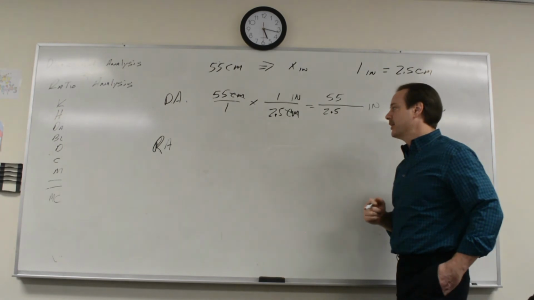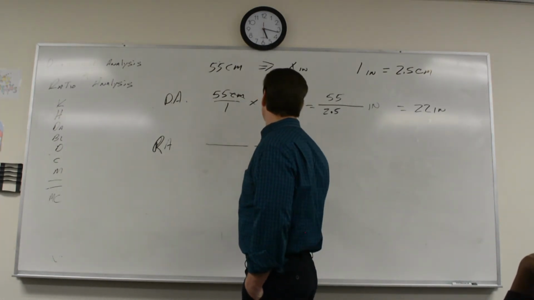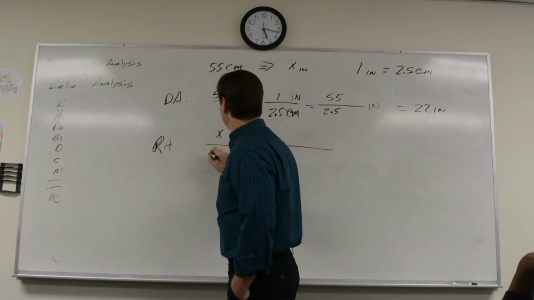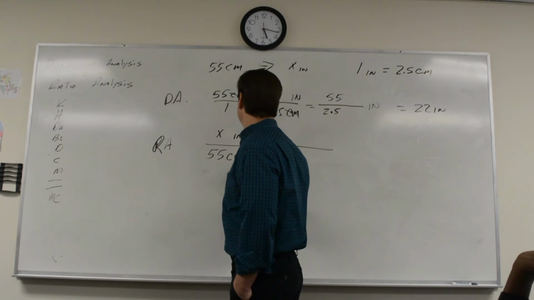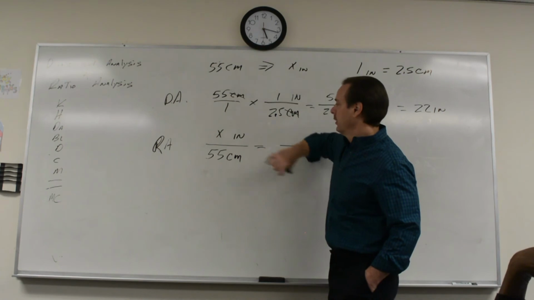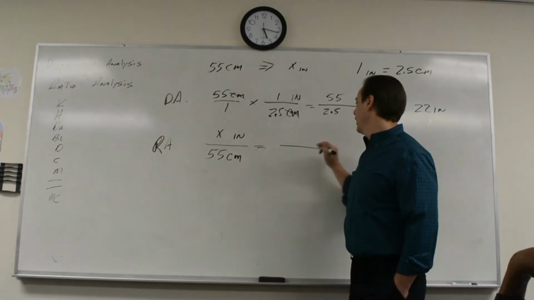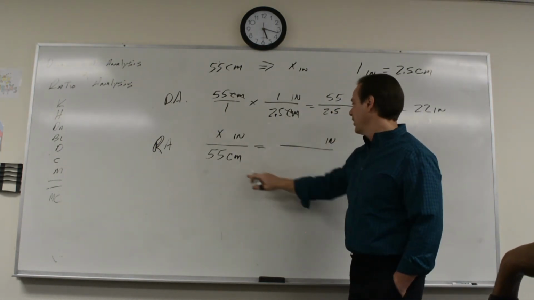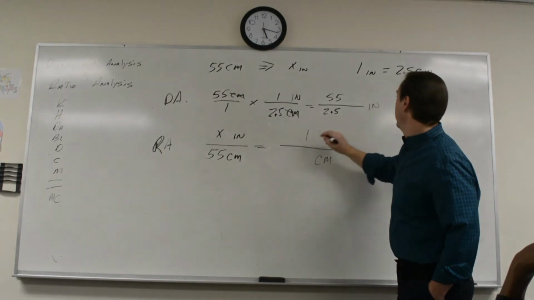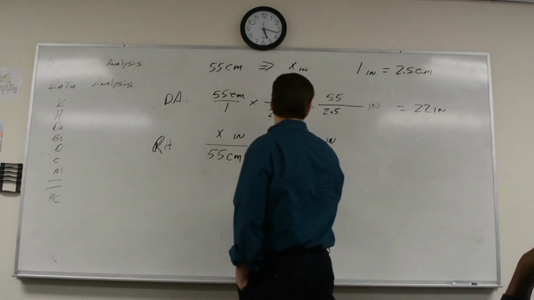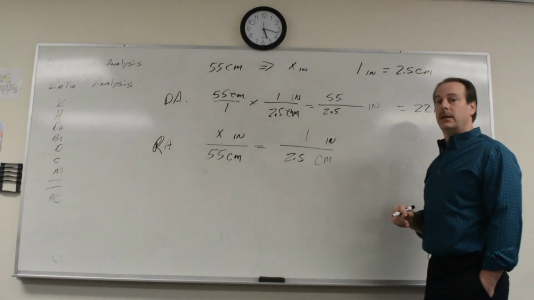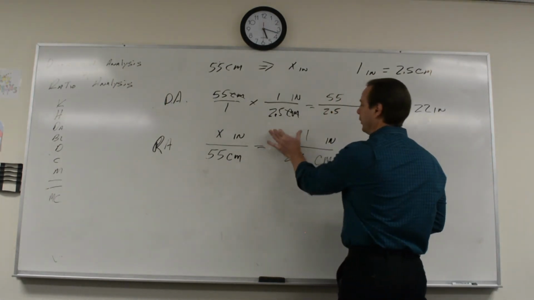Let's do it using ratio analysis. We're going to put our unknown in the numerator here. If we have inches here, we have to have inches here. If we have centimeters here, we have to have centimeters here. Look to our conversion. 1 inch is 2.5 centimeters. To solve this, we're going to move this quantity up into the numerator.